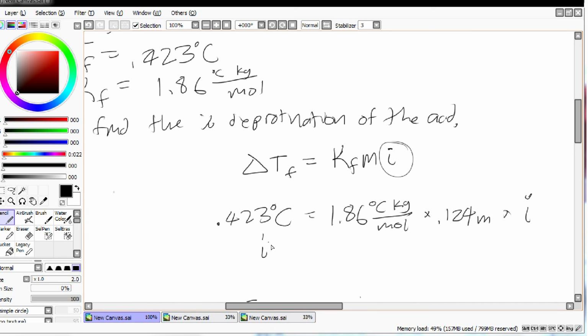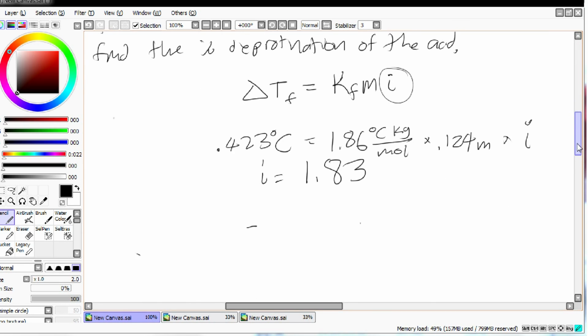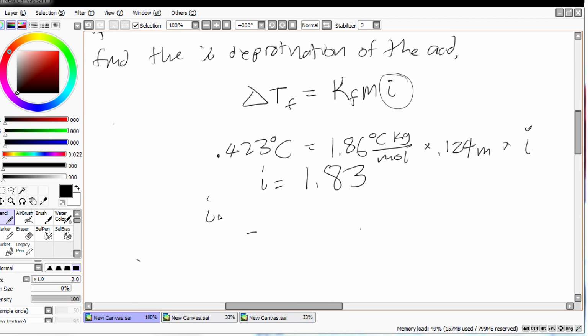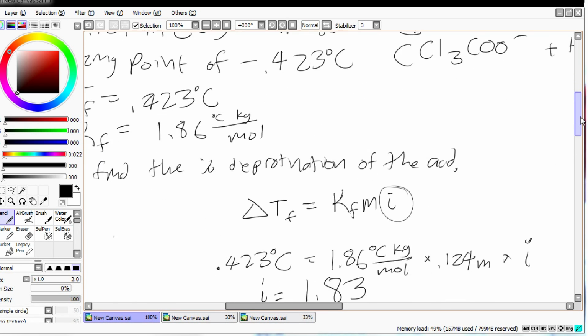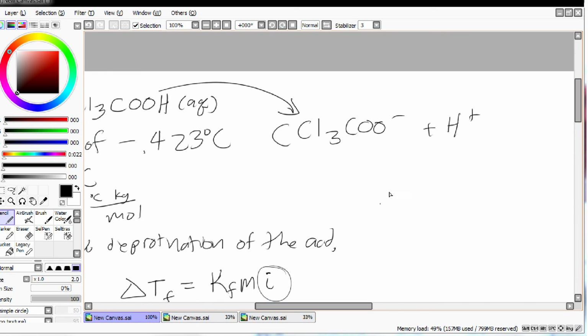So i is equal to, and I just did a quick calculation so that you wouldn't have to wait for it, this is what I got: 1.83. And we know that i is equal to 1 plus alpha times n minus 1. So we ask ourselves, how many ions does it dissociate into? 2.